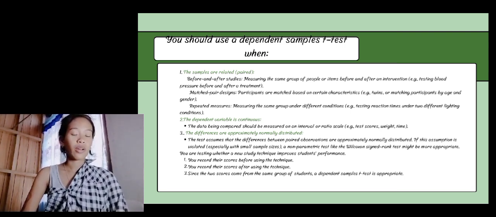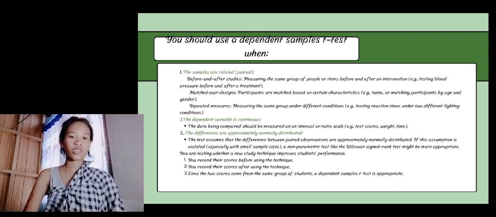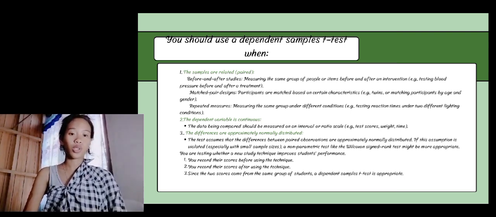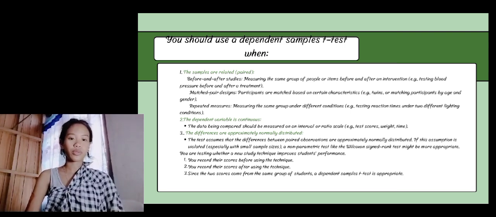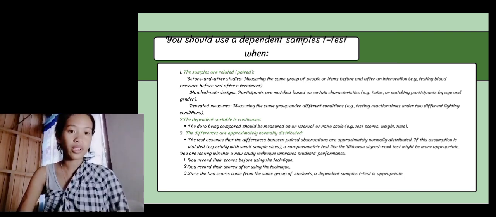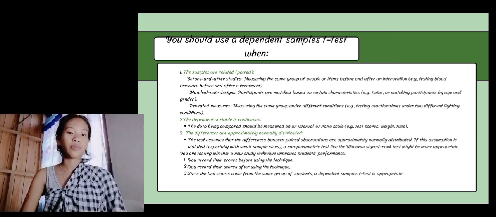The data being compared should be measured on an interval or ratio scale. Examples are test scores, weight, and time. Number three, the differences are approximately normally distributed. The test assumes that the differences between paired observations are approximately normally distributed.